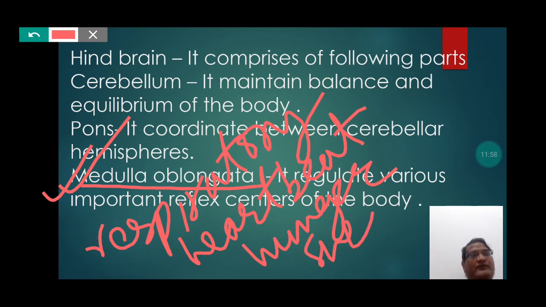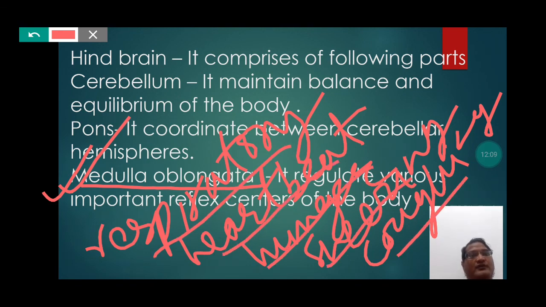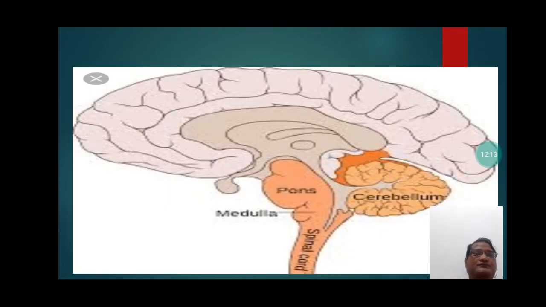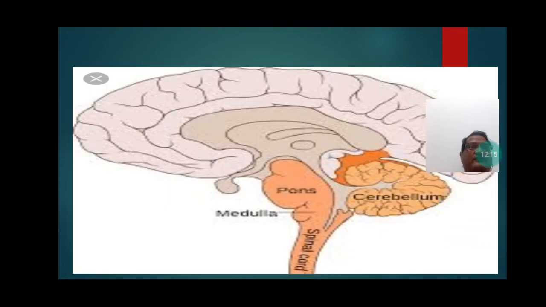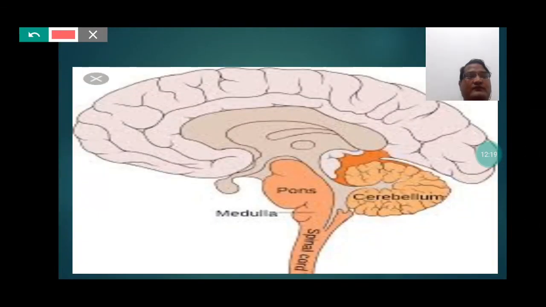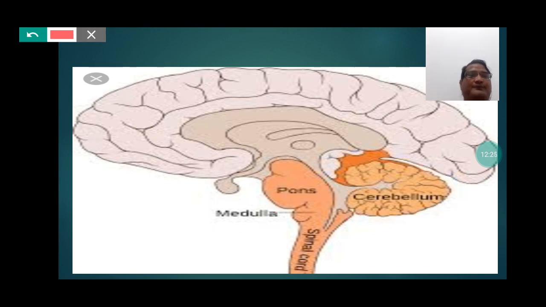Besides, even sneezing and coughing. So students, these all centers are controlled by medulla oblongata. So students, if you concentrate on this picture, you can easily locate the medulla, the pons and the cerebellum.